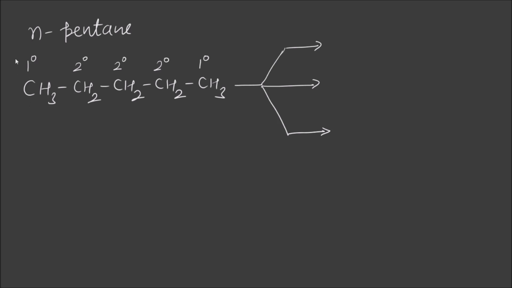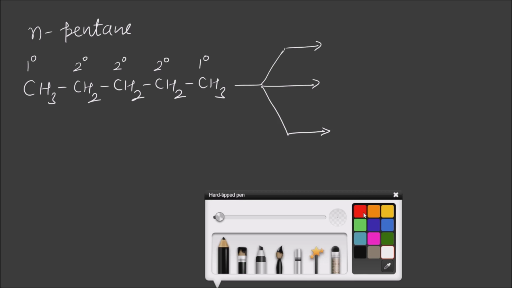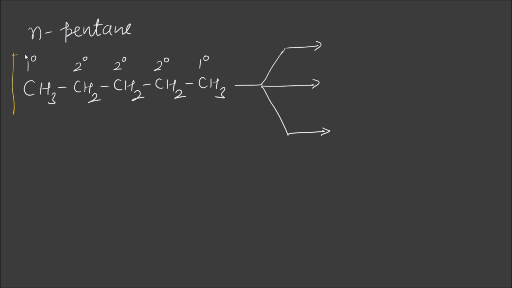So these two primary carbons are of the same type. Reason being, this primary carbon is attached to a secondary carbon, and here the primary carbon is also attached to a secondary carbon, so both are the same, and accordingly hydrogens are named.